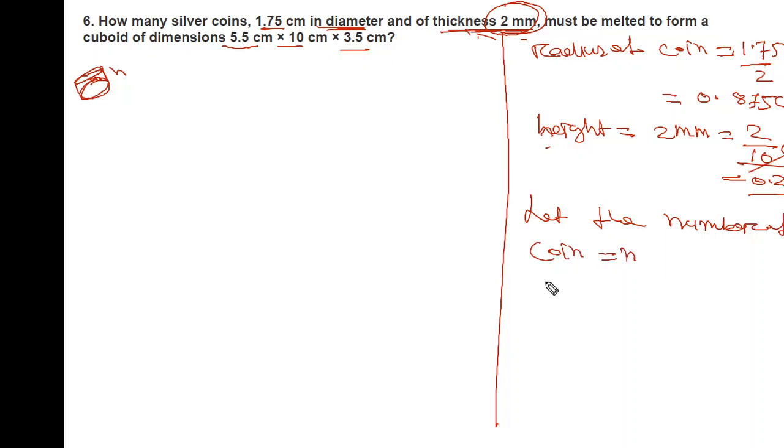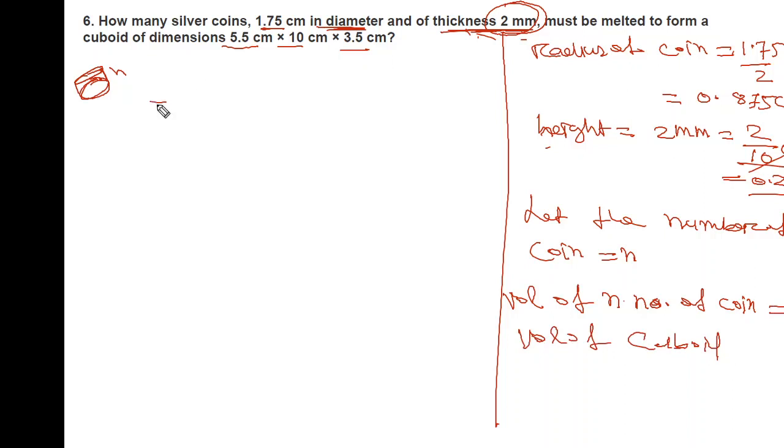Therefore volume of n number of coins is equal to volume of cuboid, isn't it? Implies, now we can find the volume of coin first.